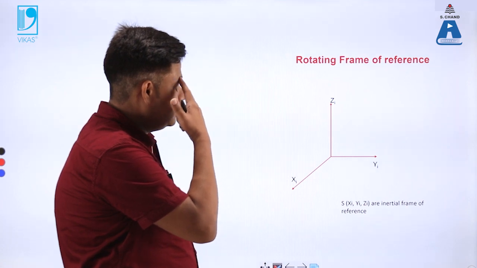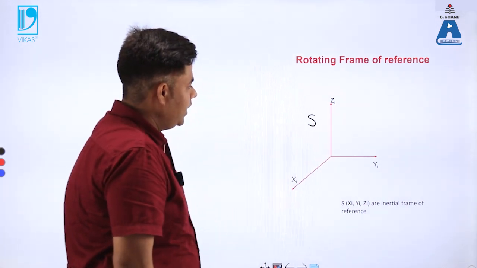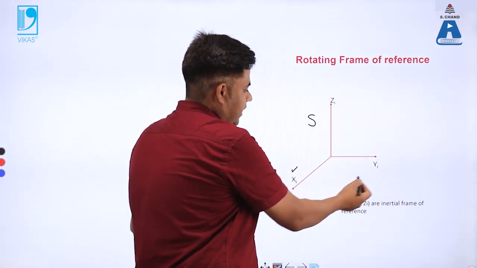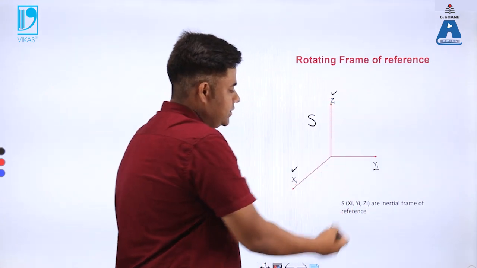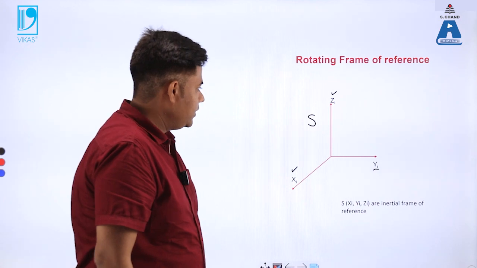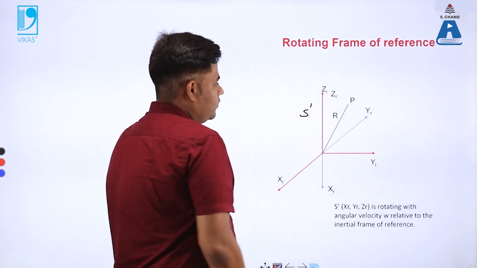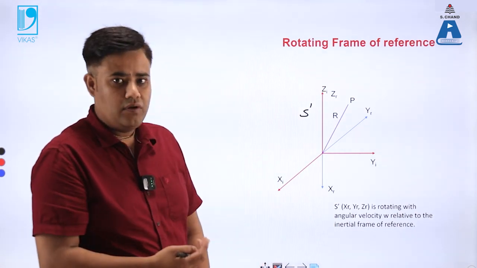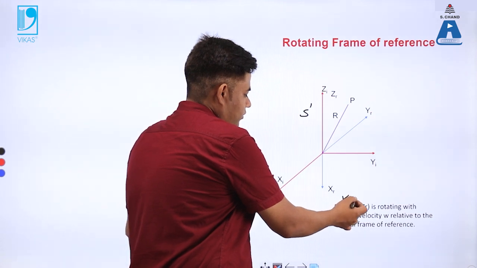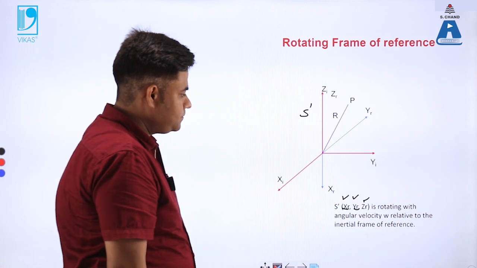Considering two frames of reference here, one frame of reference is termed as S, and the coordinate values are represented as xi, yi and zi. These indicate the inertial frame of reference. The next frame of reference would be S dash, the rotational or rotating frame of reference, in which the axis values are denoted by xr, yr and zr.